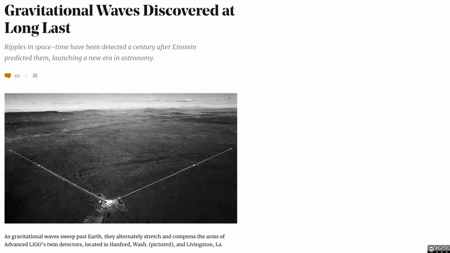You may have heard of this recent news from science, where scientists recently discovered gravitational waves. And even though you may not know what gravitational waves are, what you should know is that to actually detect these waves, because they're so small and so faint, they had to build multiple large-scale detection centers all across the world.